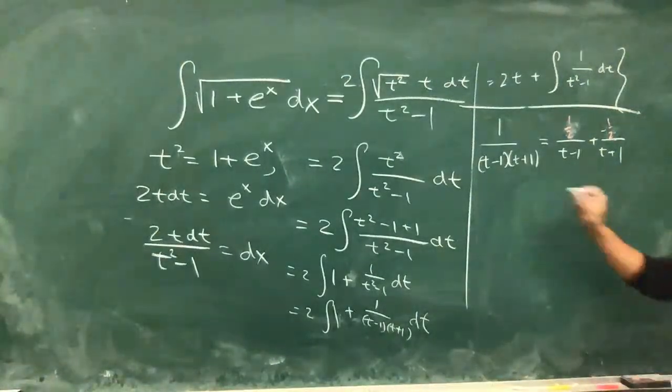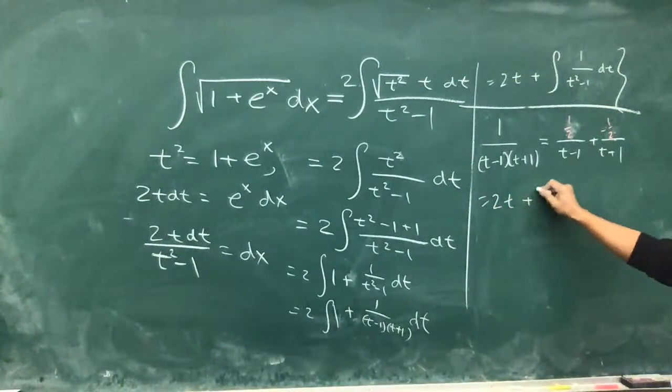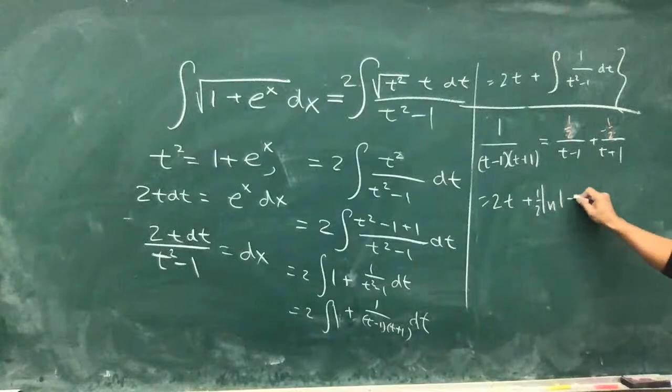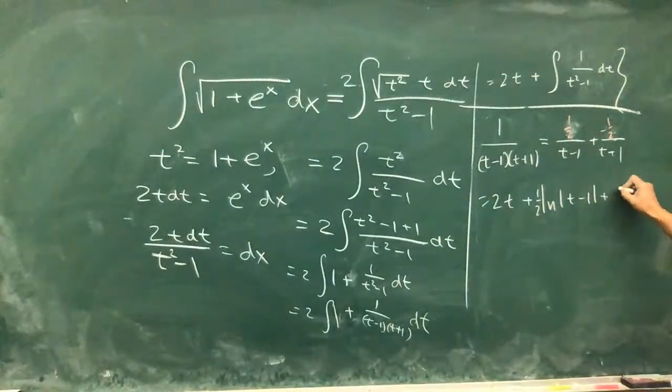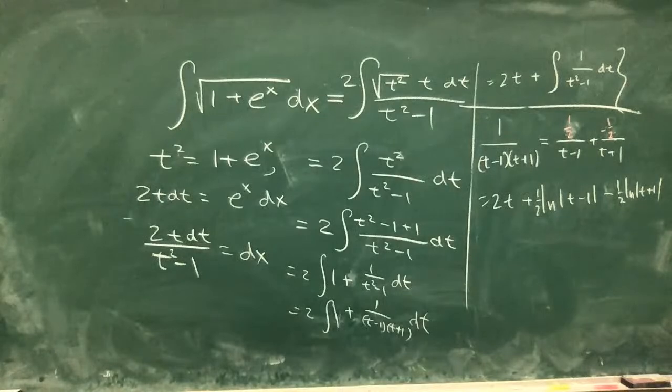so if you integrate this, you get 2t plus 1/2 natural log of t minus 1 minus 1/2 natural log of t plus 1. What the heck is t? t is that.